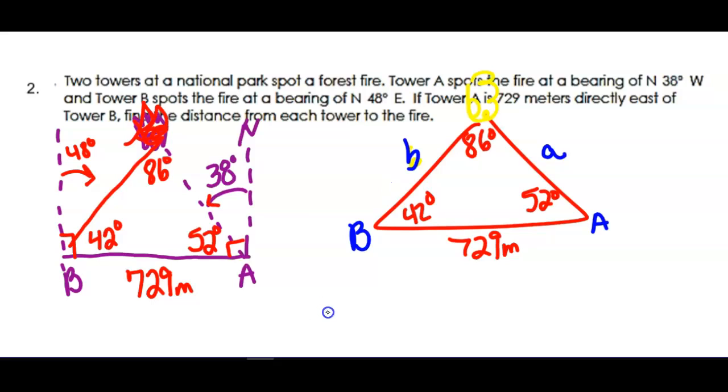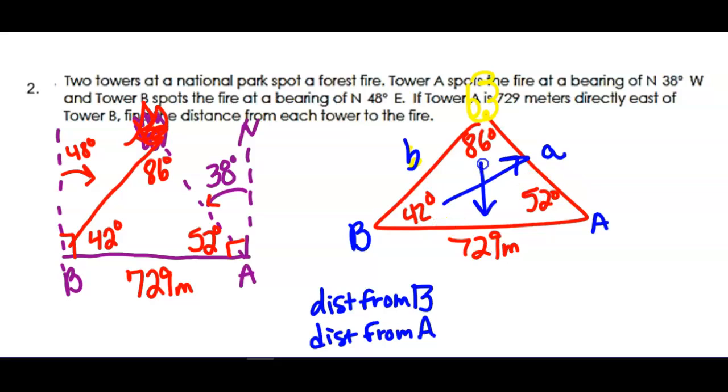So we have distance from B, and that would be little b, and distance from A, and that would be little a, the way I labeled it. But you're just going to do law of sines. You can find these, okay?